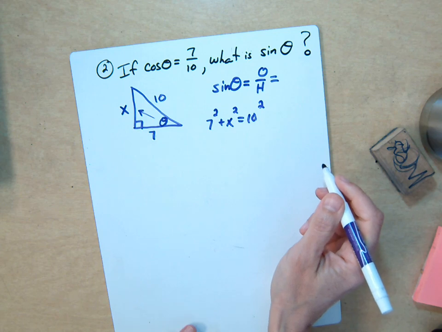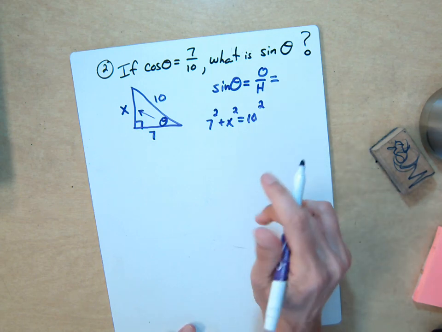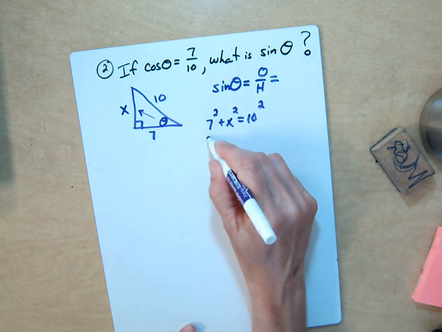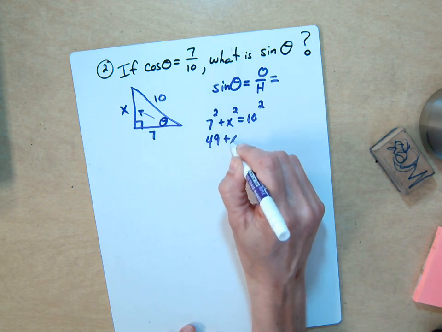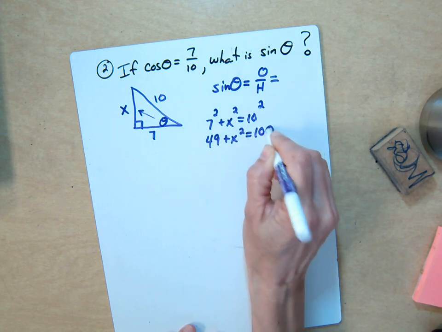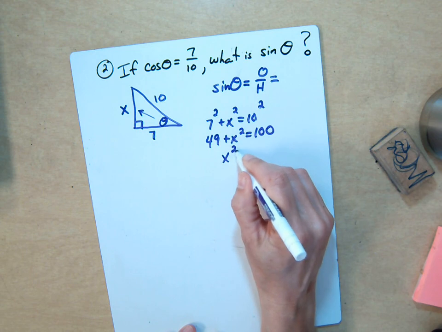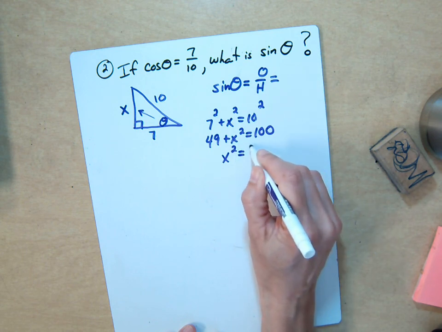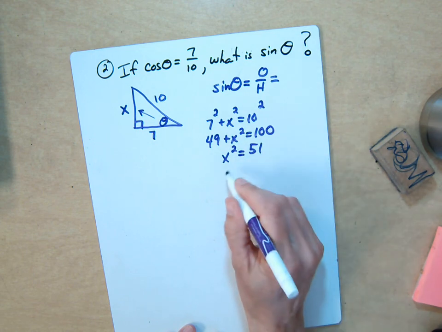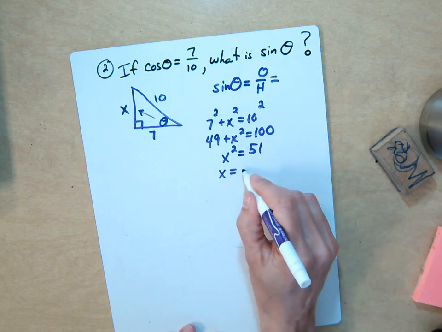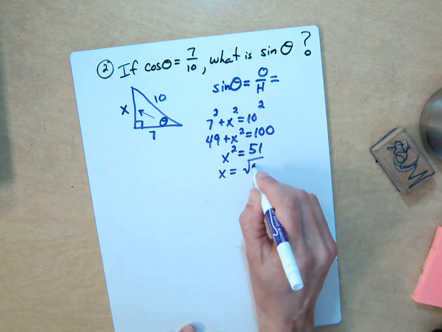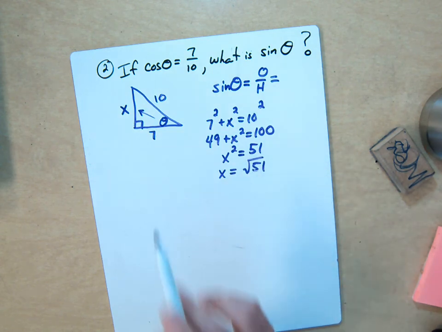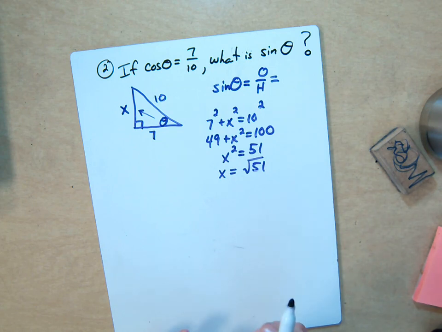That's the Pythagorean theorem that you're going to need to use. So 49 plus x squared equals 100. x squared equals 51. So you want the square root of 51, and that's the length of the other leg.